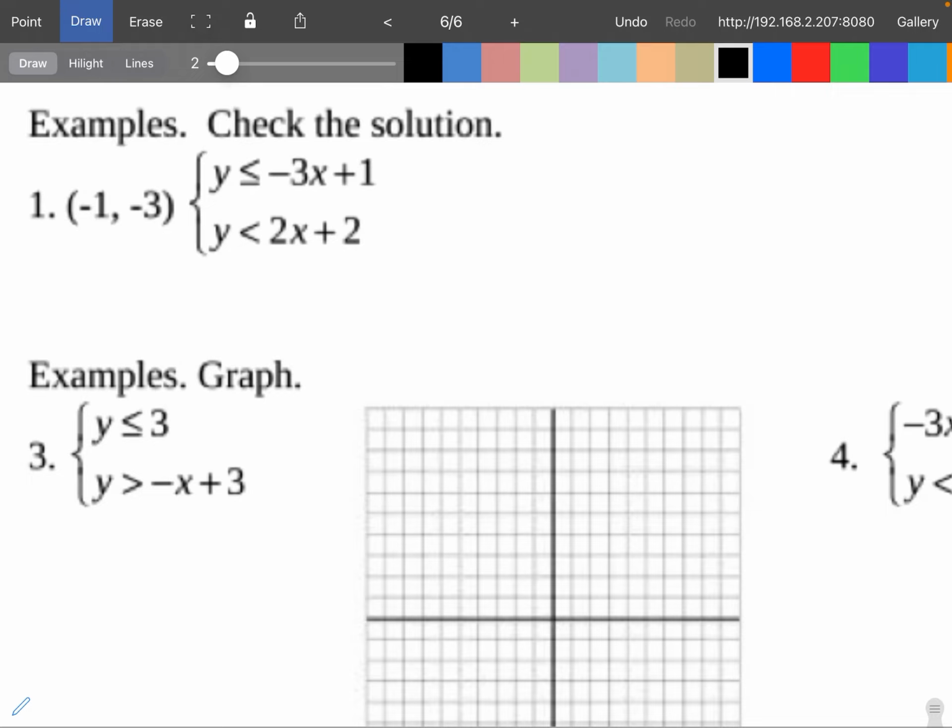Okay, so if I can get this where you can see it. So it's two linear inequalities like we had yesterday with two variables.